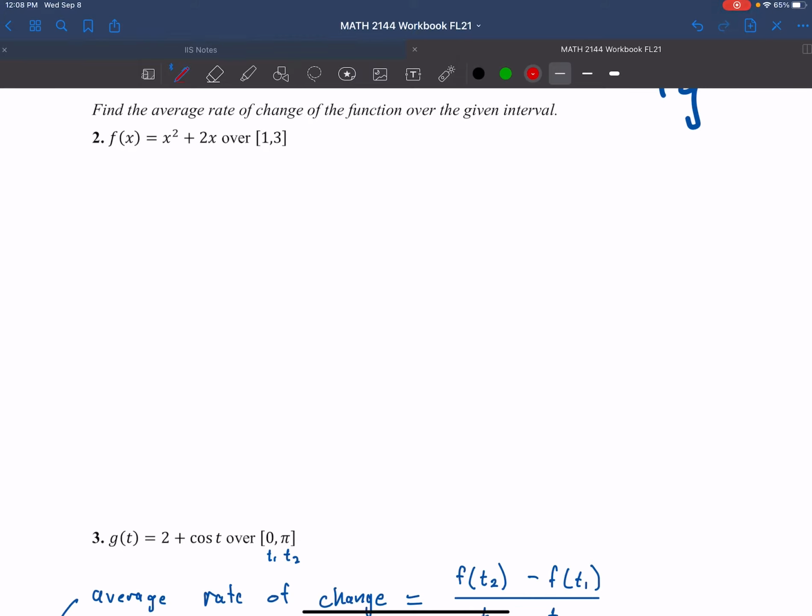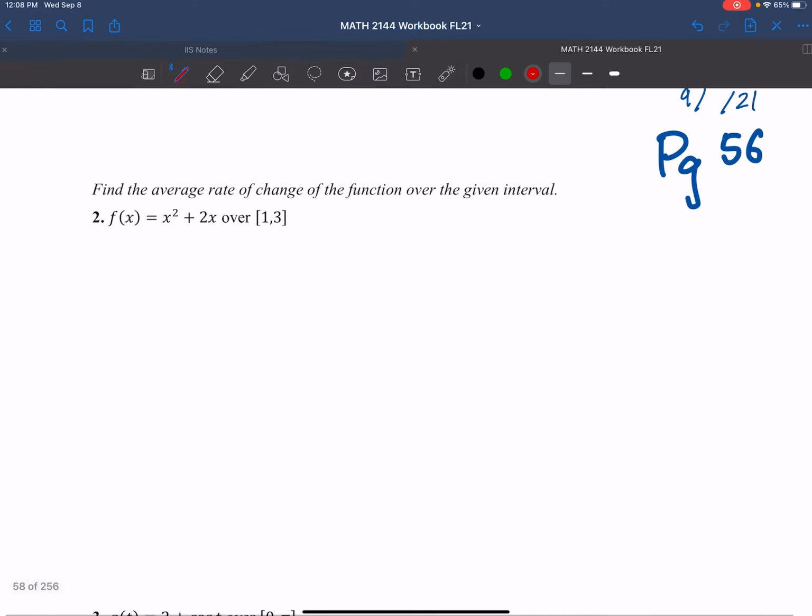We just did a warm-up problem, and I'm about to show the work for the second warm-up problem. We're on page 56.